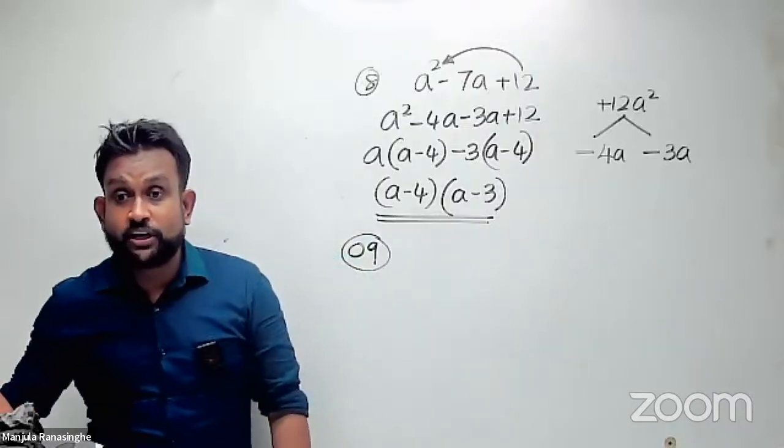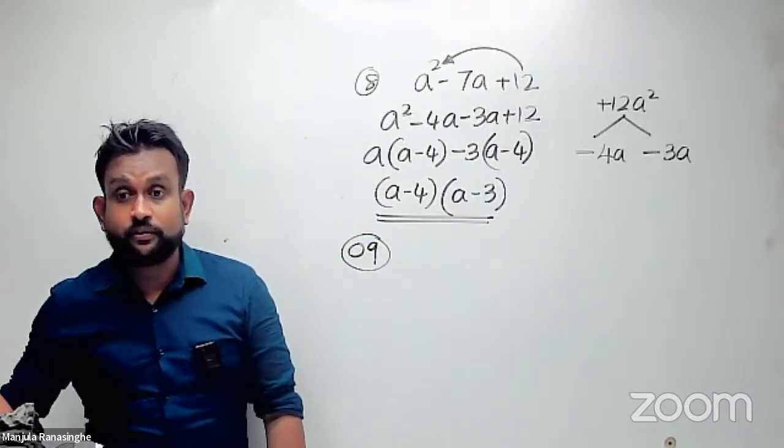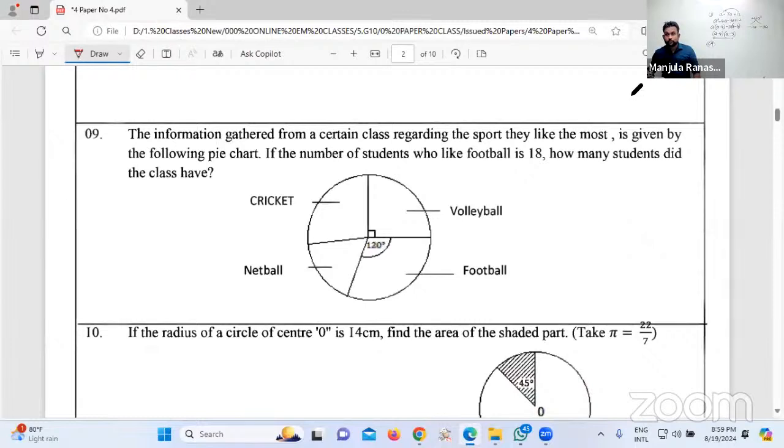Right. So in a pie chart, you can see the information gathered from a certain class regarding the sport they like, given by the following pie chart. If the number of students who like football is 18, how many students did the class have?